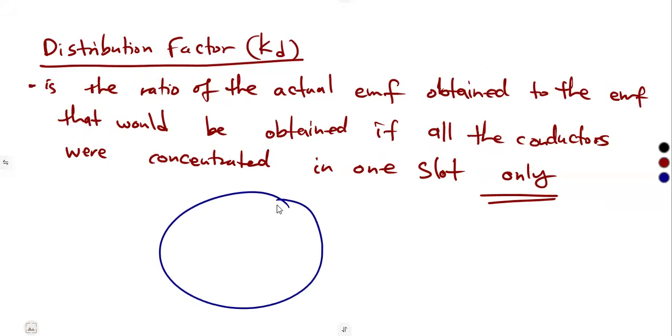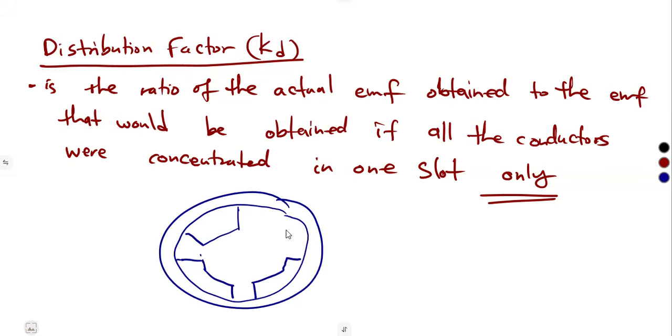Remember, in a normal consideration, you're supposed to have something like this. Let's say, guys, in terms of drawing, I'm not good at these drawings, but I hope you understand. Let's say we have a stator with 4 slots, with 6 conductors per slot.